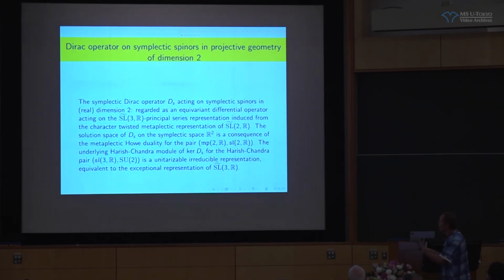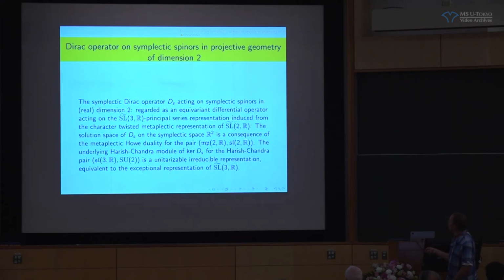It was introduced as an operator acting on symplectic spinors, and by that we mean the two simple modules of the symplectic group, called the Segal-Shale-Weil representation. So the symplectic Dirac operator acts on symplectic spinors in real dimension 2. We will realize the corresponding symplectic operator in this geometry, in projective geometry of real dimension 2.